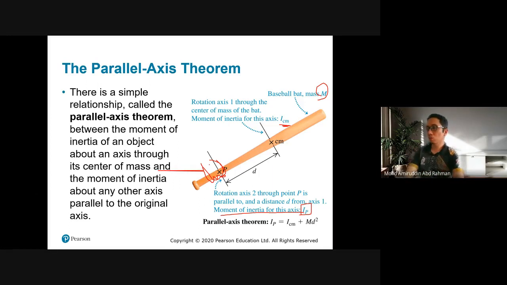So the moment of inertia when we pull that baseball bat is calculated using this theorem, which is I_P equals I_CM plus md squared, where d is the distance. Okay, so that's about the moment of inertia for the baseball bat.